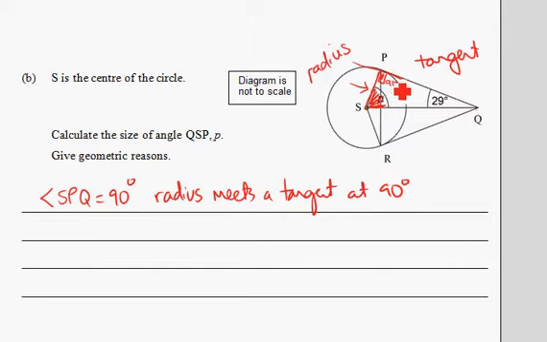So we've got 90, 29 and angle P. So angle QSP that we're looking for is going to be 180 minus 29 minus 90, and we get 61 degrees, and that was just the simple angles in a triangle sum 180.